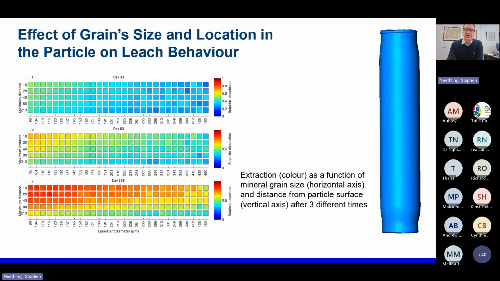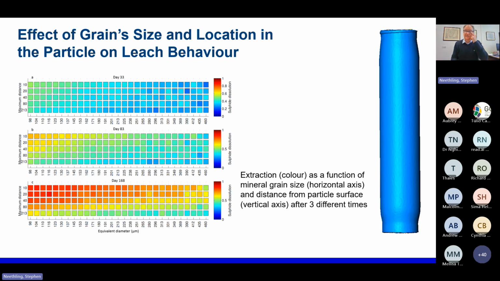But we did also then start to link this with the experimental results we needed to actually understand the system. What we're using here was XMT, so X-ray microtomography. What we were able to do is track our leaching over multiple weeks.